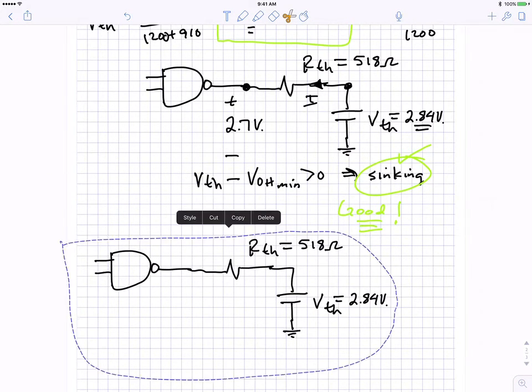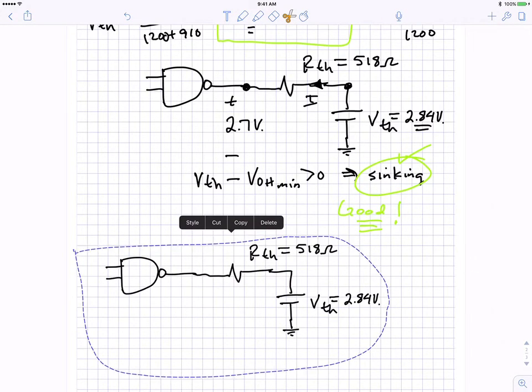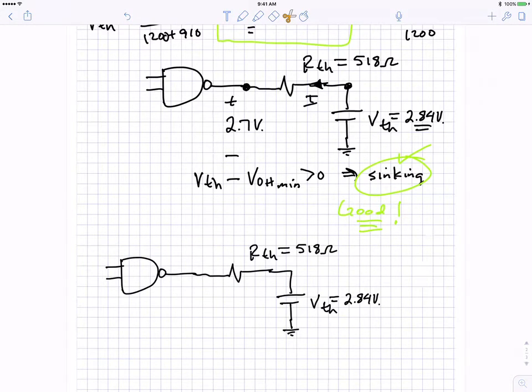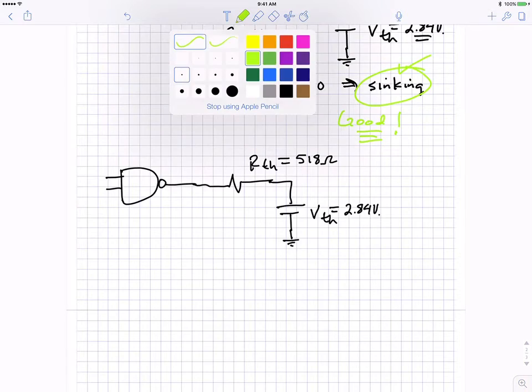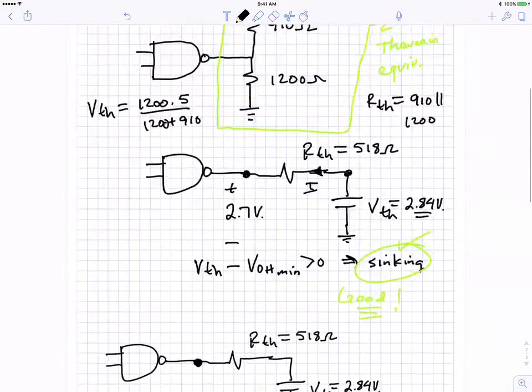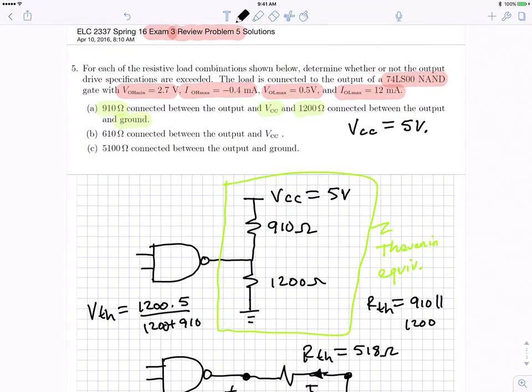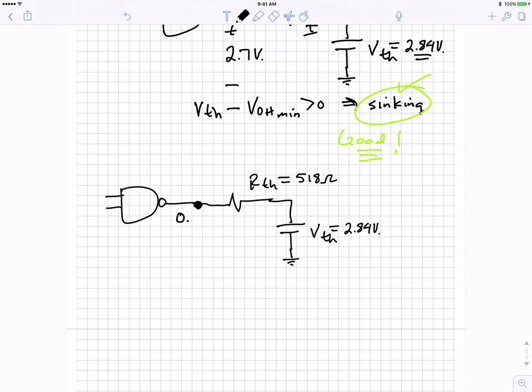Okay, so low state, we take essentially the same circuit, but this time we're going to put the worst case low on the output. So the worst case low, if you scroll up to the problem statement, is 0.5 volts. So 0.5 volts goes right here.